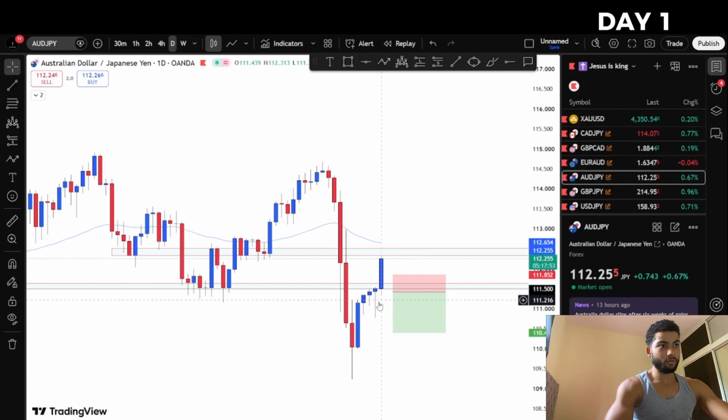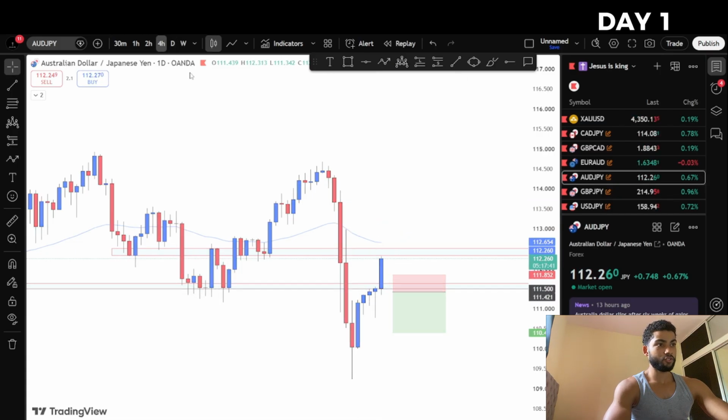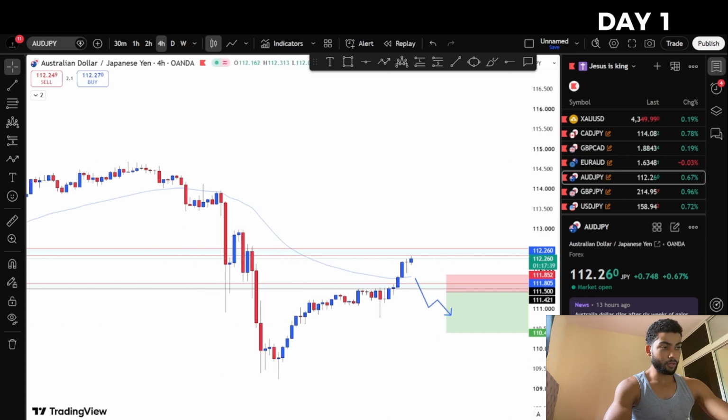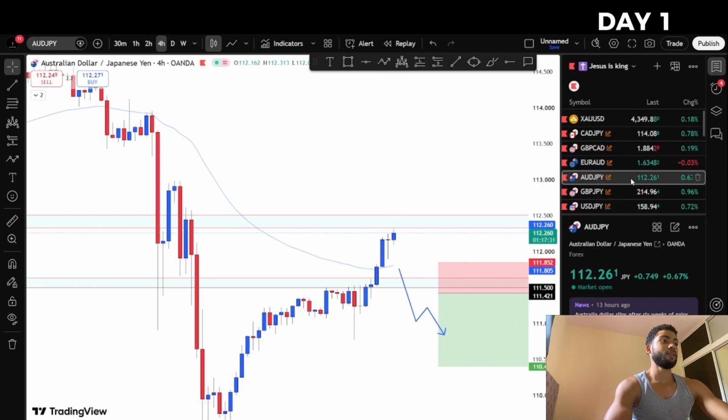Right here I already had my entry signal, which was my daily rejection from this area, because I see the price slowing down, and I was waiting for a shift of structure on the lower time frames. I didn't get my shift of structure, so I avoided this loss.